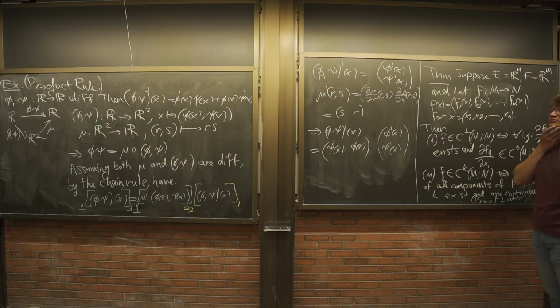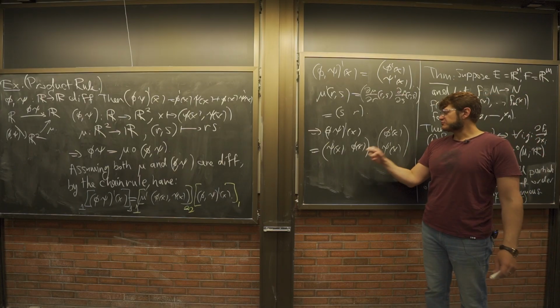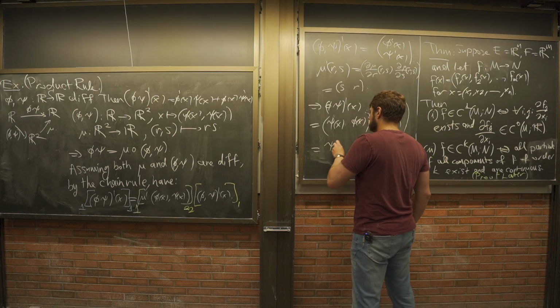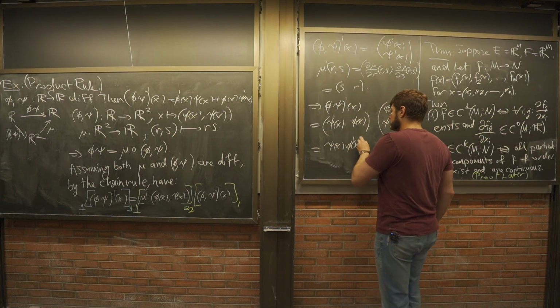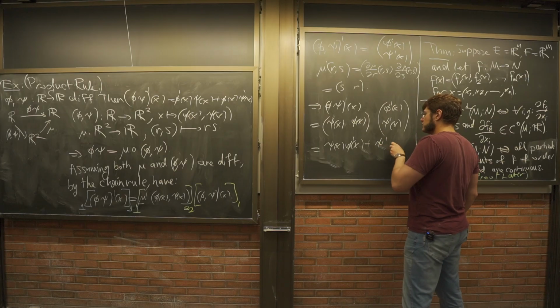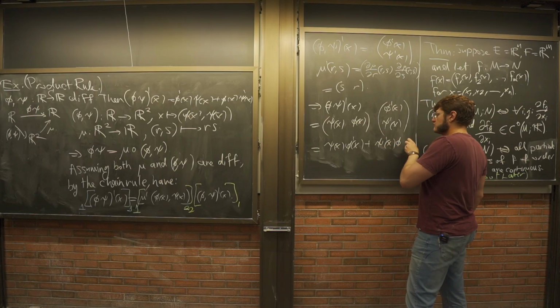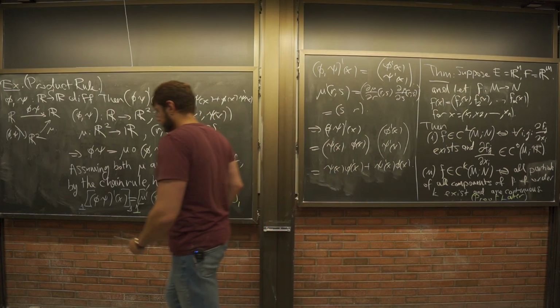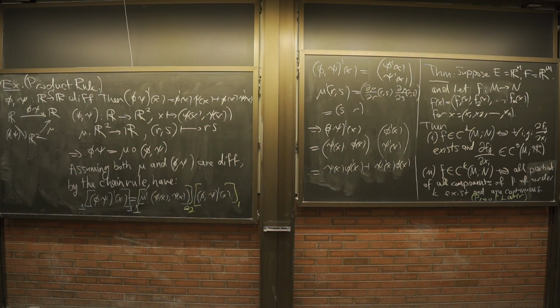So this is essentially a dot product, right? This by this plus this by this. Does this make sense?